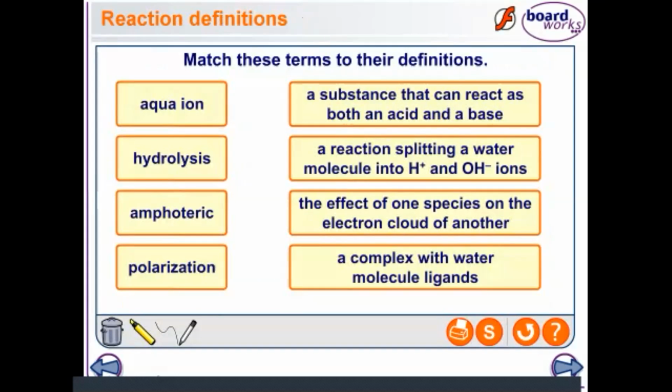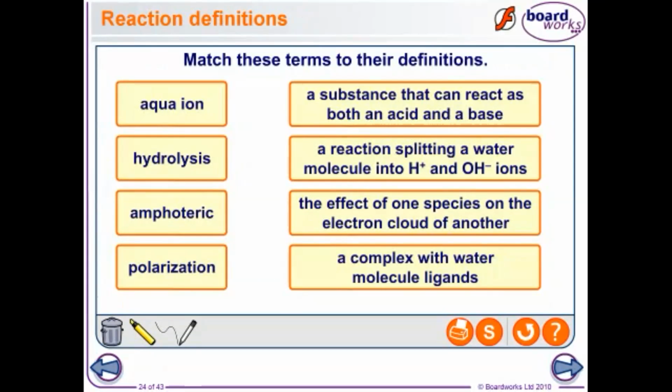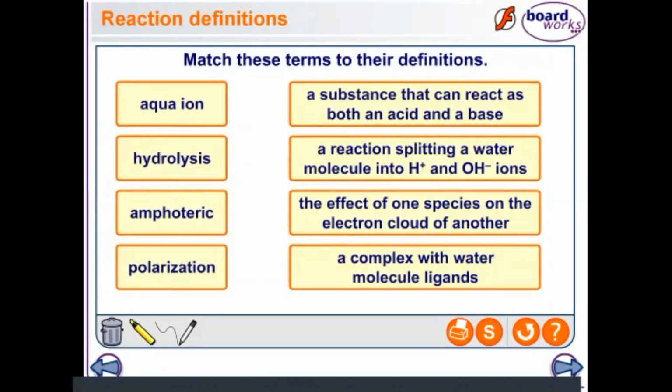Let's try to match these terms to their definitions. Let's start with Charlotte. Aqua ion. What's an aqua ion?